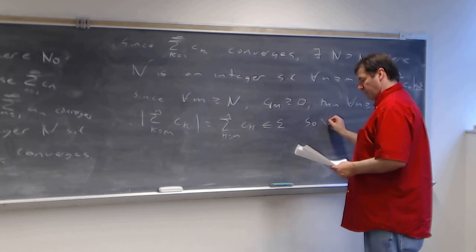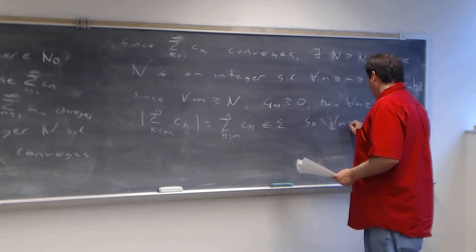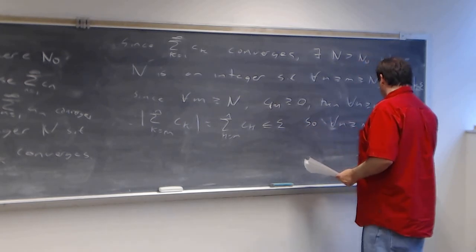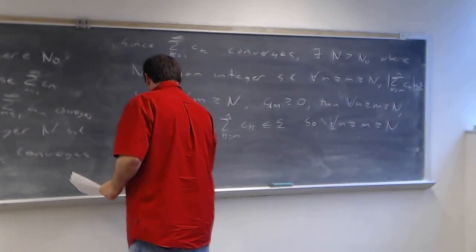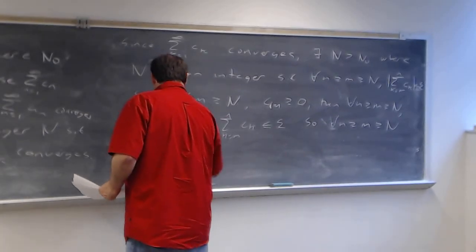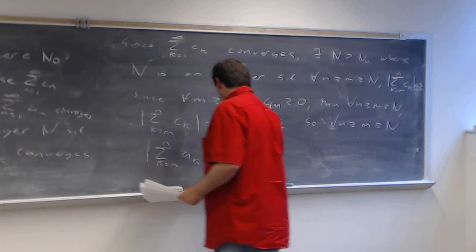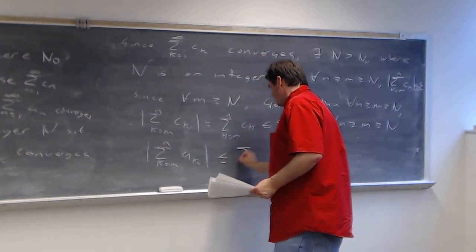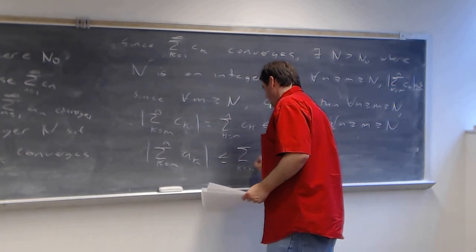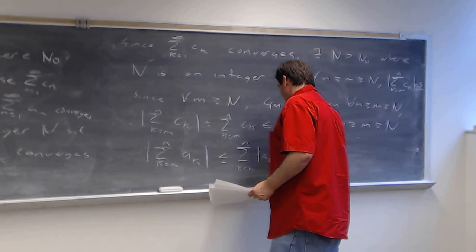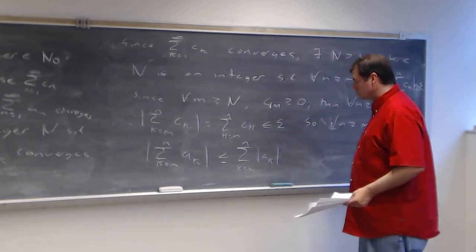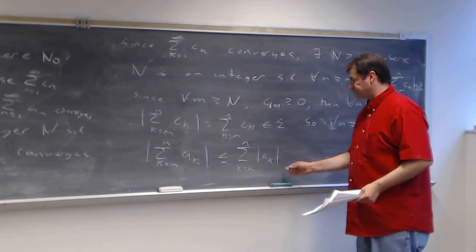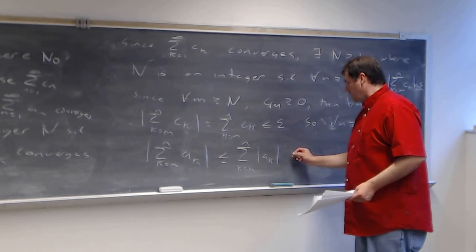So for all n greater than or equal to m greater than or equal to this big N, we look at this sum as k runs from m to n of the a sub k. Well, that's going to be less than or equal to the sum as k runs from m to n of the absolute values of the a sub k's. Here I'm using the triangle inequality.